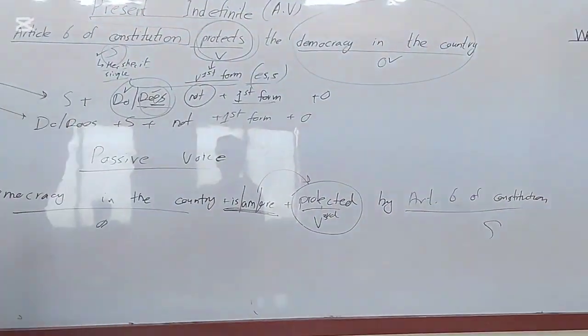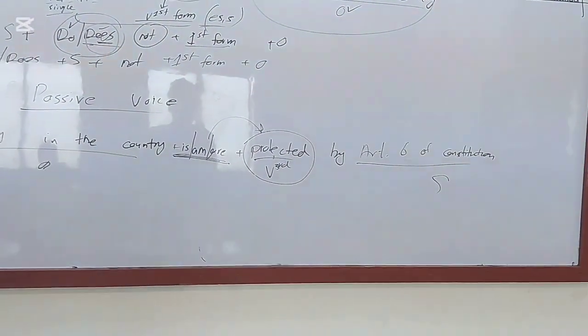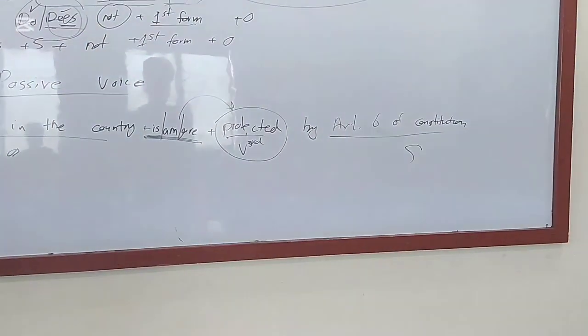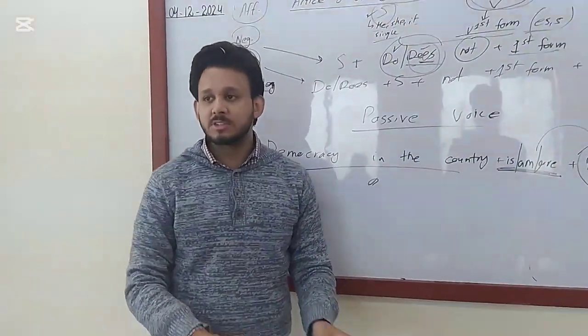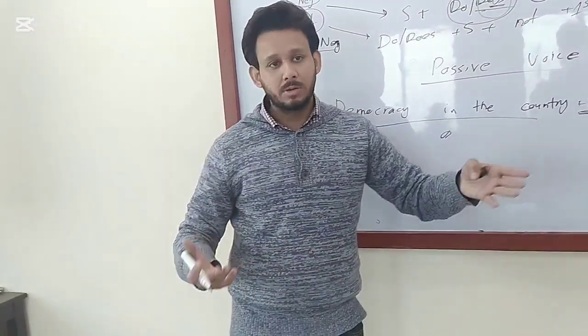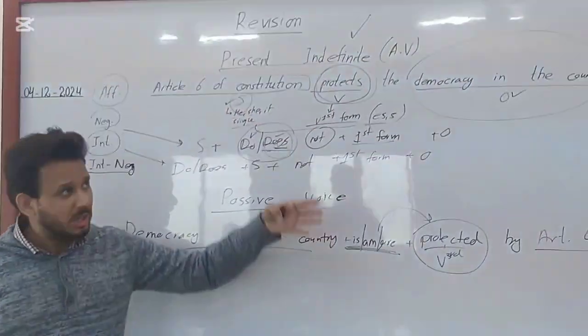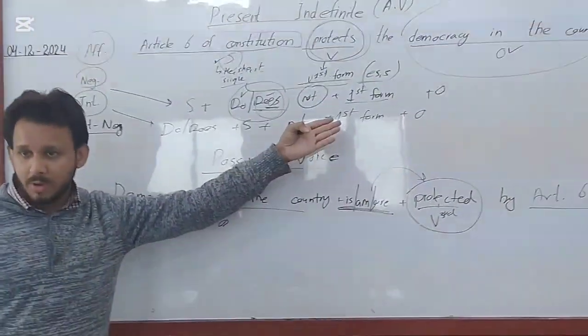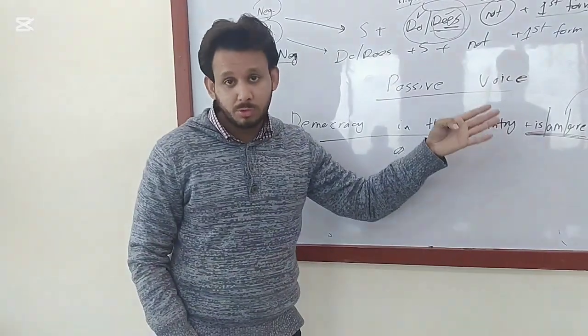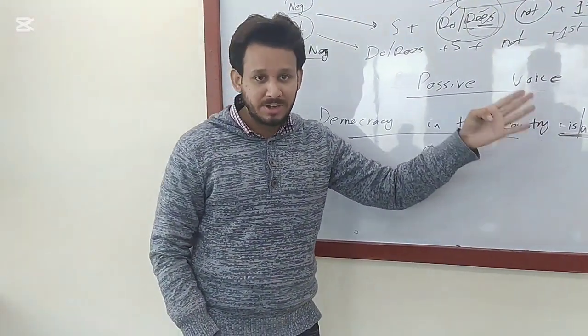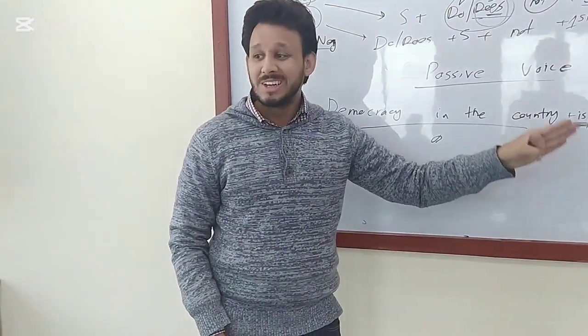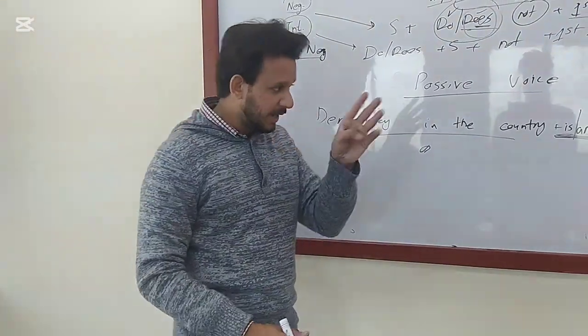In active voice, there are a lot of different forms of the verb in other kinds of tenses. In our course, we have only two tenses. In present indefinite, you only use the first form of the verb. In past indefinite affirmative, you use the second form. Otherwise, in past indefinite negative or interrogative, you use the first form with did. Clear? I'll get to that point.